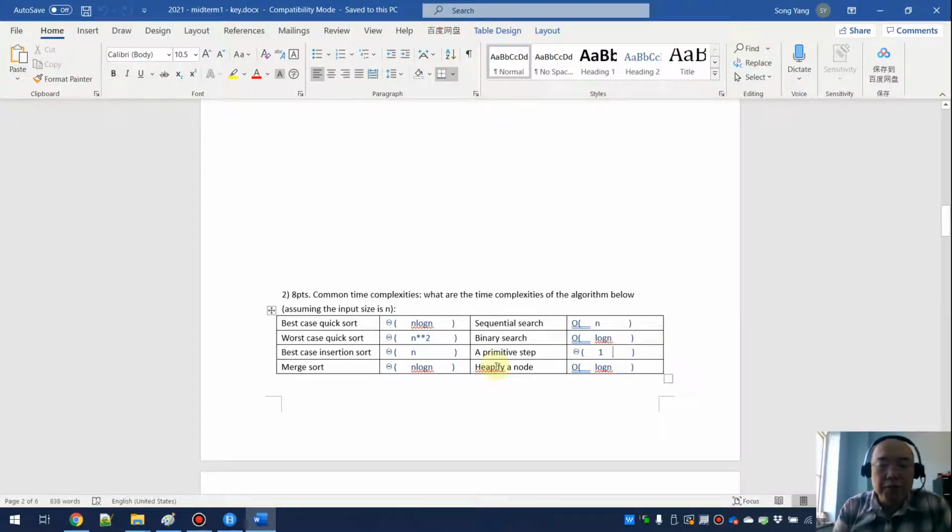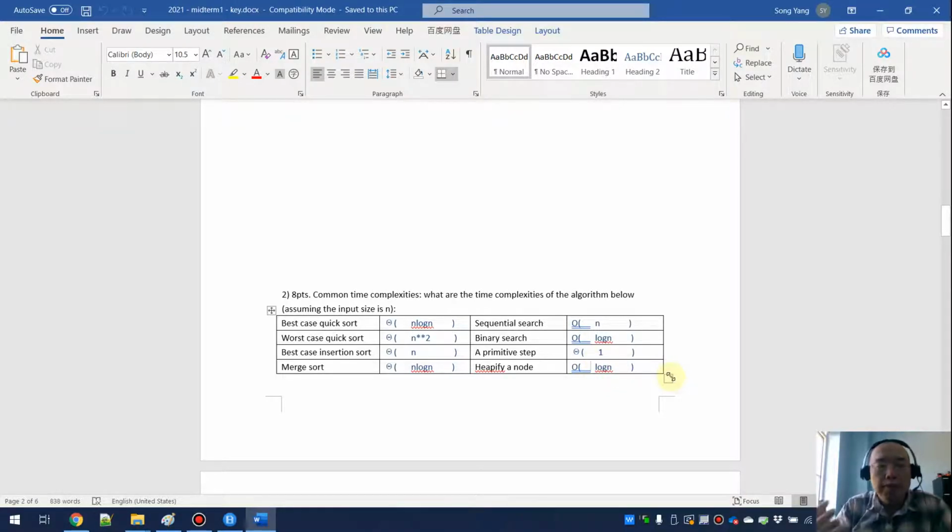And then for the heapify of a node, well, again, we have this issue. When we are doing the heapify, the worst case would be we heapify a root, and the root is a super small value, so we have to drag the root all the way down to the very bottom, to a leaf. And in this case, this is a log n.